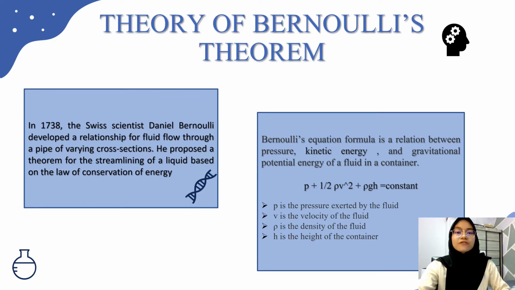The Bernoulli equation is a relation between pressure, kinetic energy, and gravitational potential energy of a fluid in a container. P represents pressure, V is velocity, rho is density, and H is the height of the container.